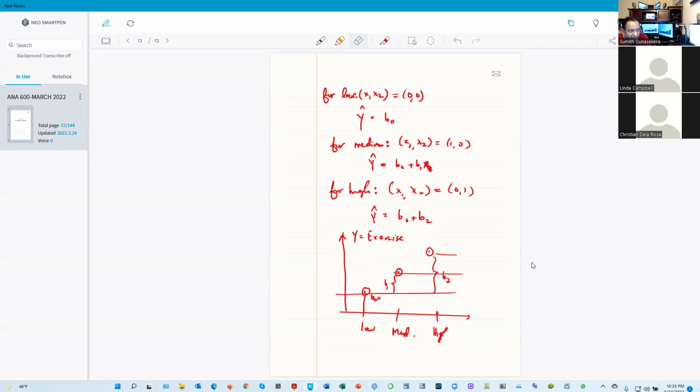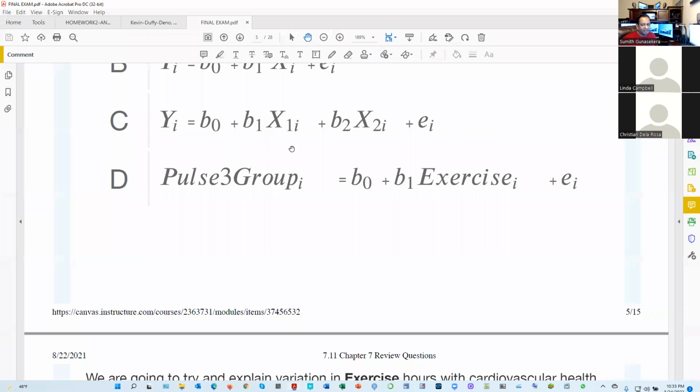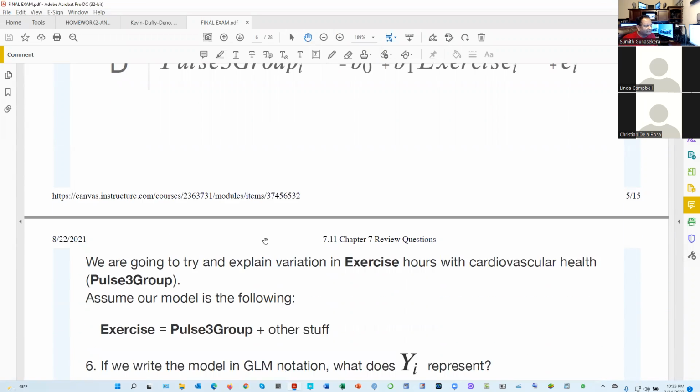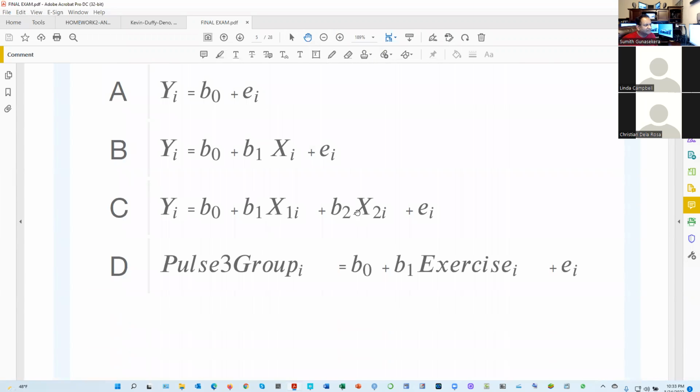B naught is nothing but the y bar of the low group. This is the y bar of the medium group, and this is the y bar of the high group. Okay, like that. For unit 3.